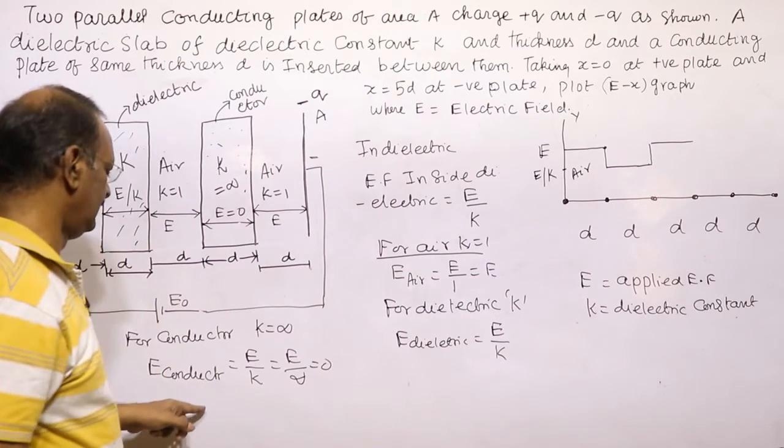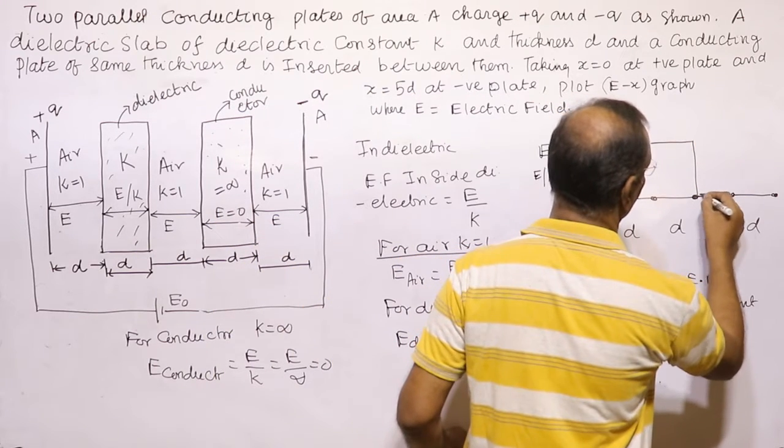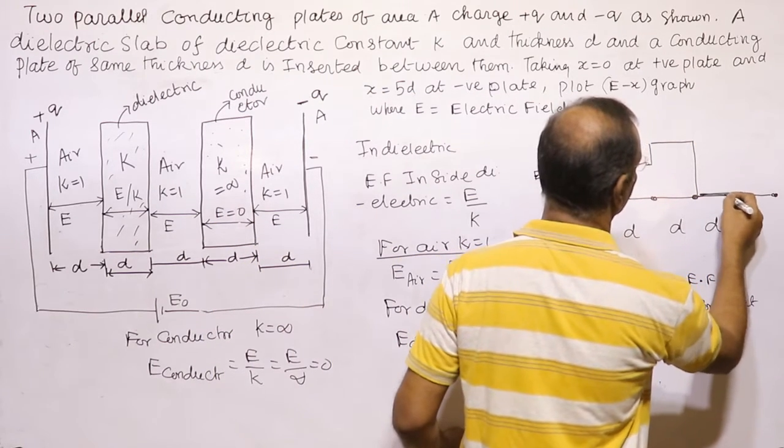For the conductor, the electric field inside is equal to 0.